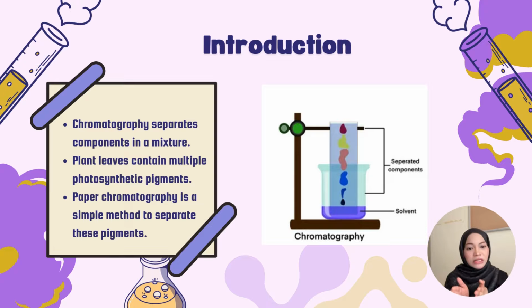These pigments differ in their chemical structure and purity, which affects how they interact with solvents and solid surfaces. By using chromatography, these pigments can be separated and observed clearly, allowing us to understand that plant leaves are made up of more than just one pigment.